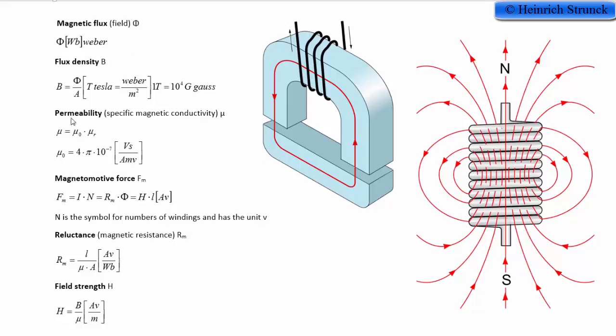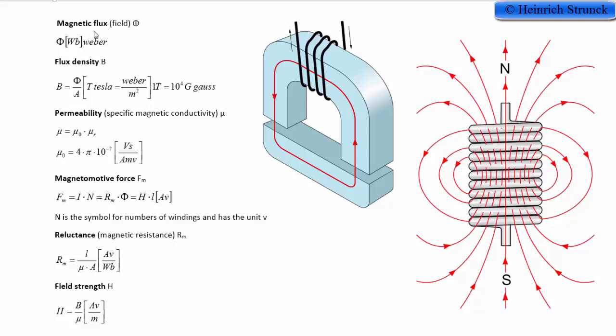We have some terms over here, and the first one is the magnetic flux or magnetic field. That is the number of magnetic lines out of the coil, because if we increase the current in a coil, there will be more magnetic lines.